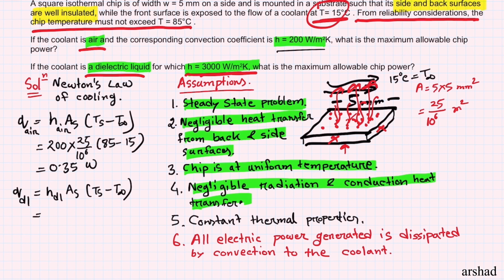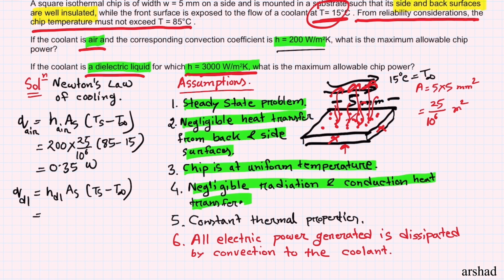The question did not explicitly mention whether we have forced convection or natural convection. Since this value is pretty high, we can assume that for both coolants there is forced convection going on, but for the purpose of solving this problem that information isn't necessary.